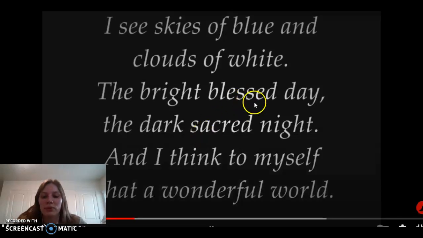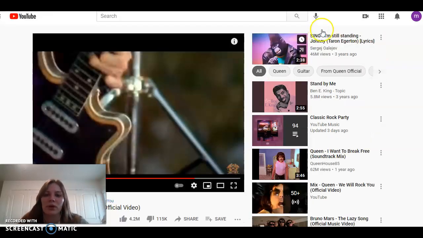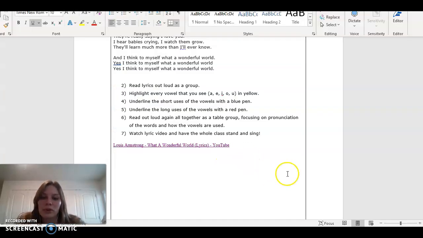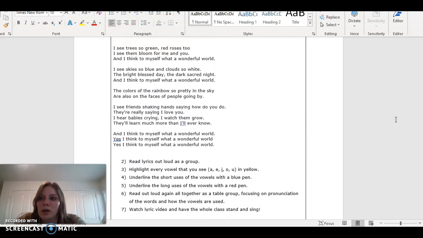I think that'll be a really good opportunity for them to read in a group of just their classmates, so it's not as scary as reading in front of the whole class, and they're communicating with their classmates in a group with the same goal in mind, and they're all doing the same song.